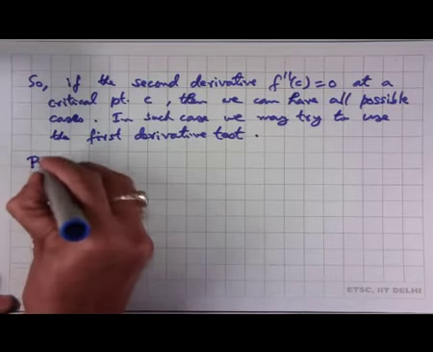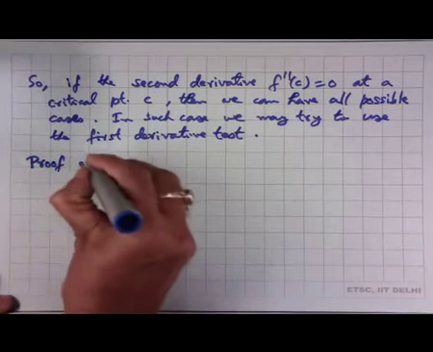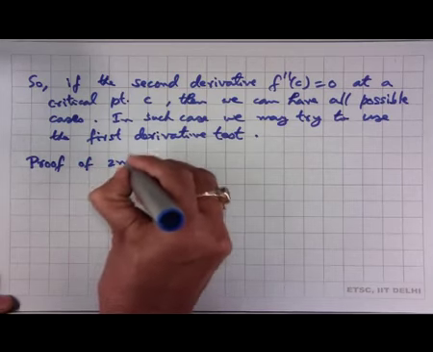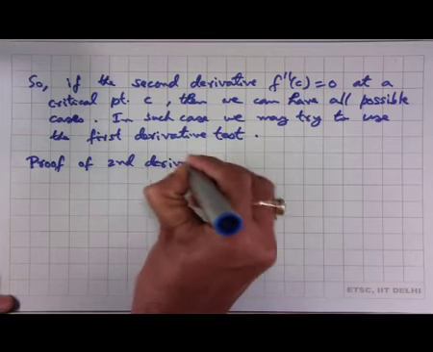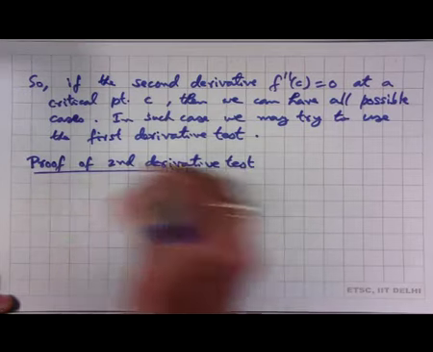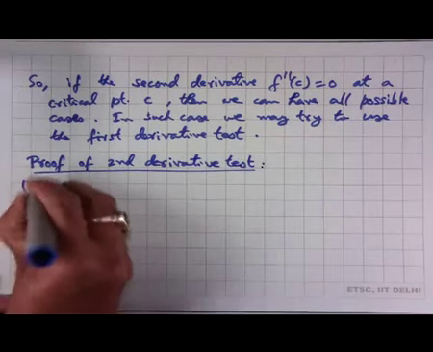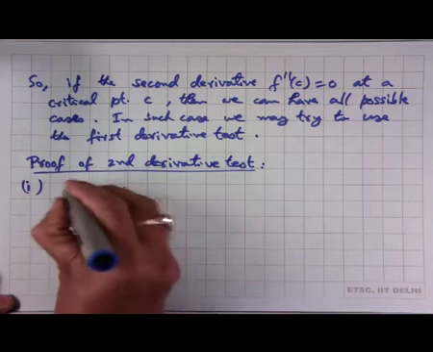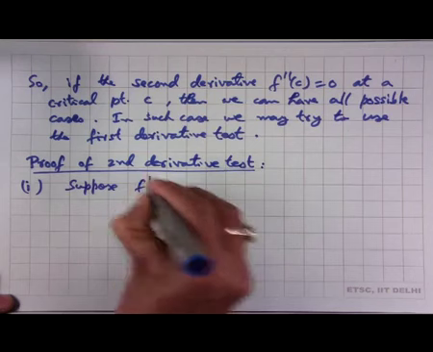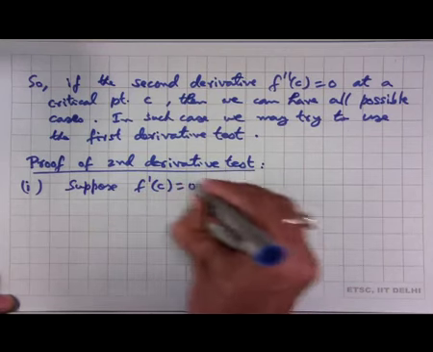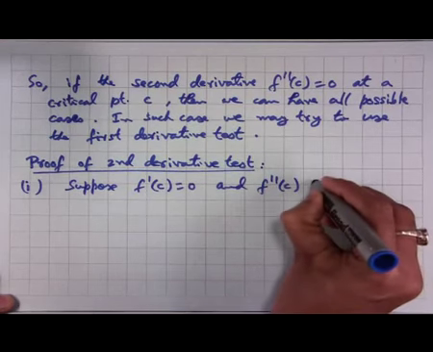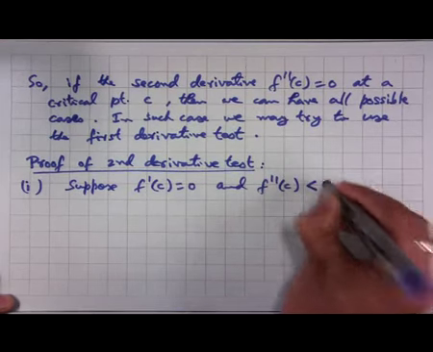Now, let us look at the proof of the second derivative test. So, the first case is: suppose f prime c is 0 and the second derivative at c is less than 0.